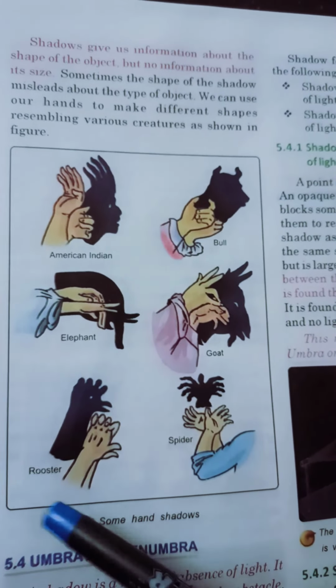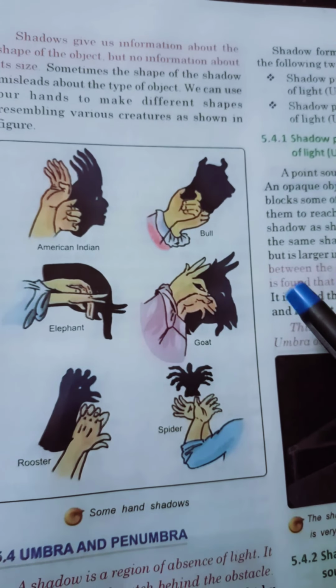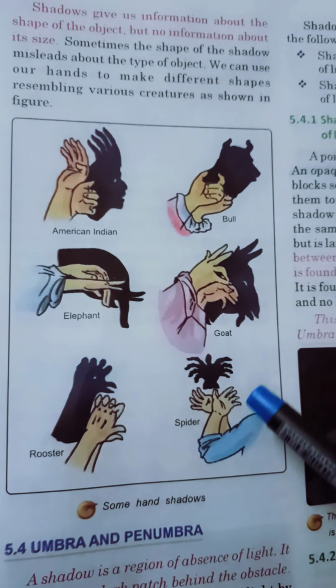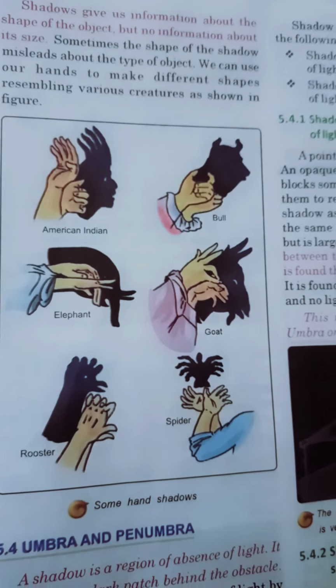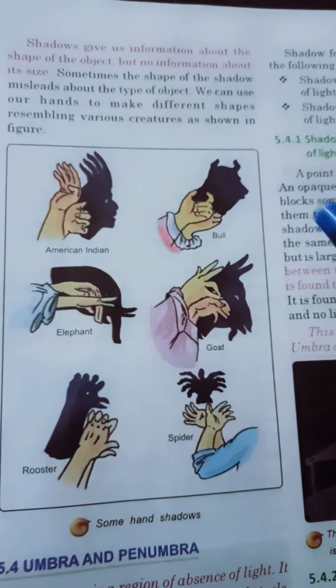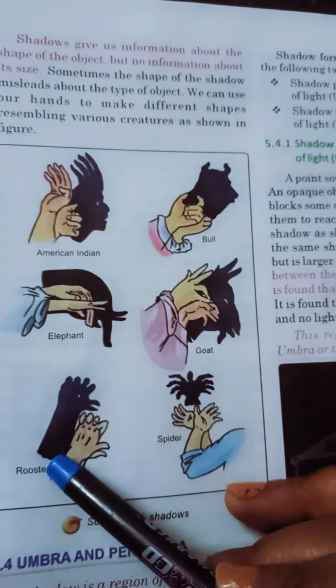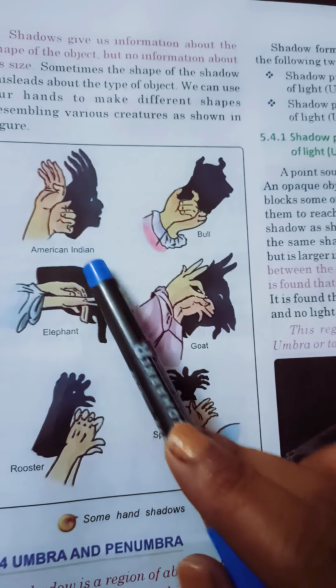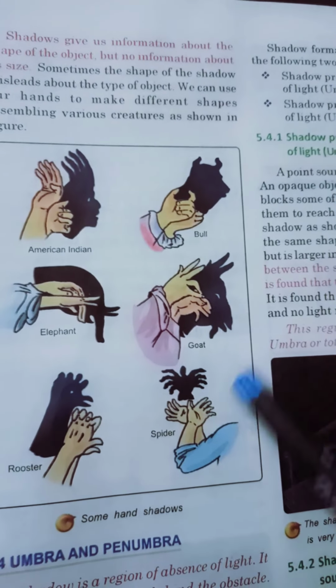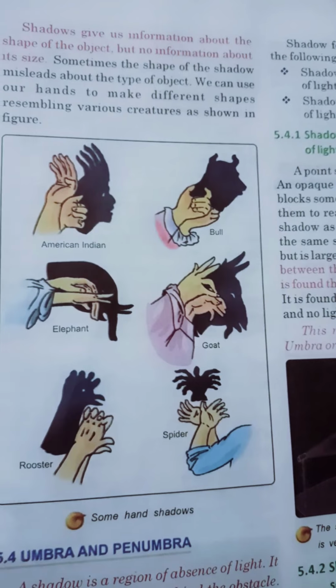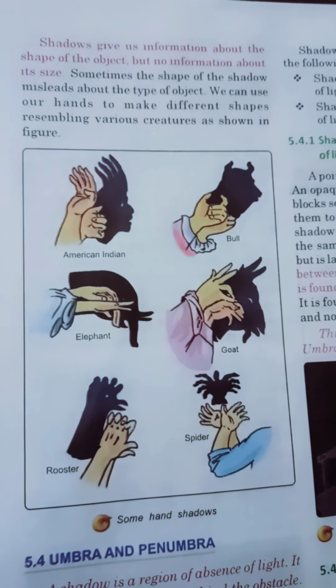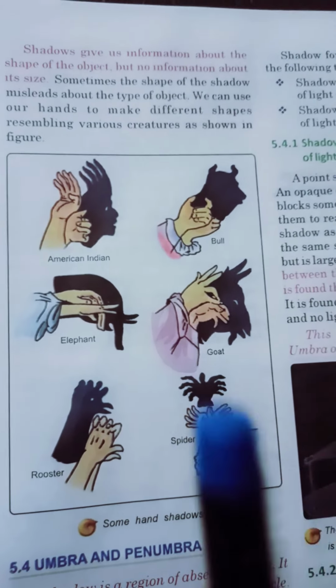So exactly by seeing the shape of the shadow we cannot tell what object it is, because using only hands they have created so many different shapes, right? So this is all about shadows.